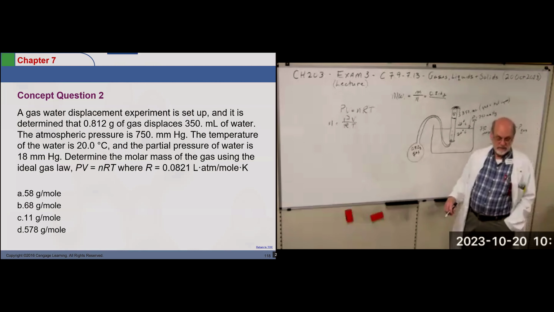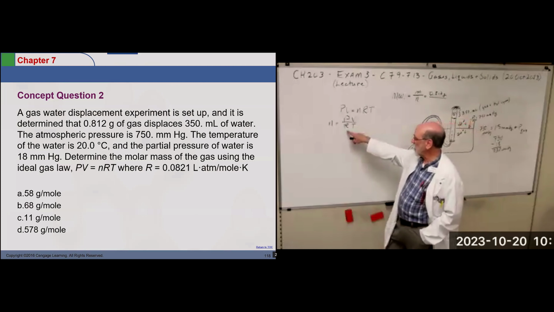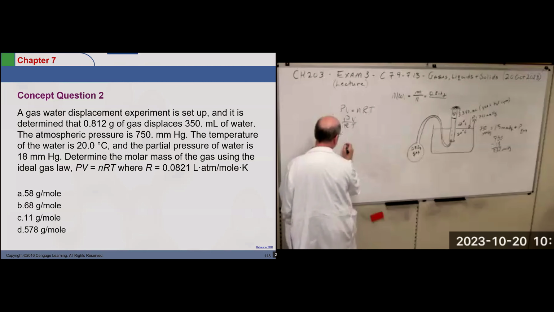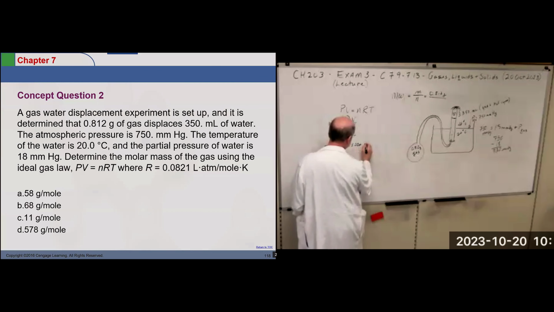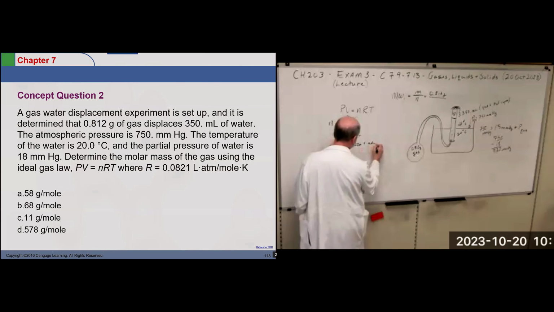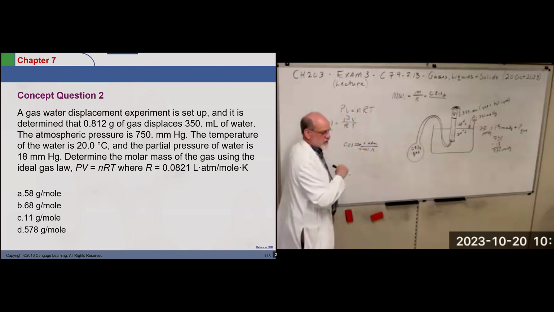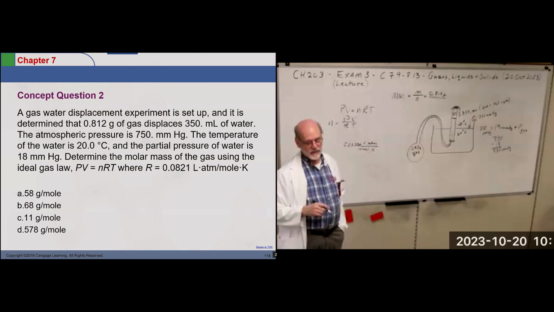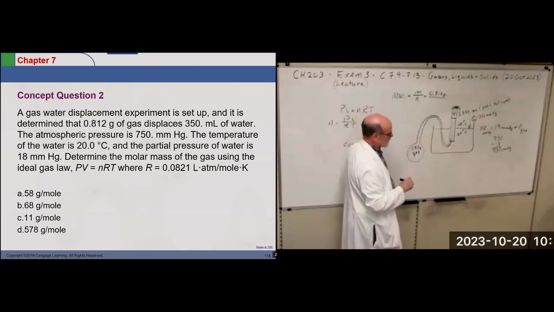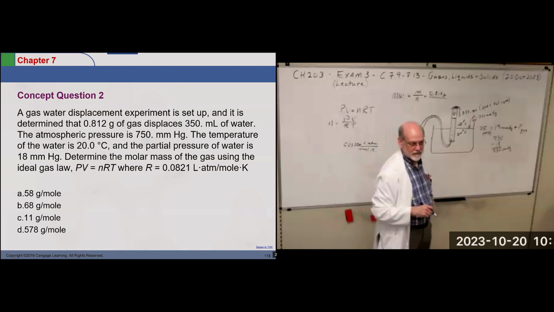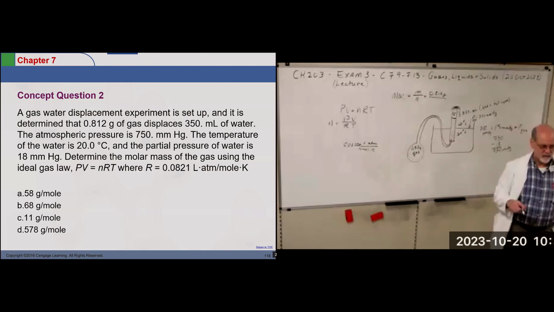Well, we have another problem because this R is what? 0.082, I use 0.08206, liter atmospheres per mole K. We need pressure in atmospheres, not millimeters of mercury. So how do we get atmospheres from millimeters of mercury? You don't remember?